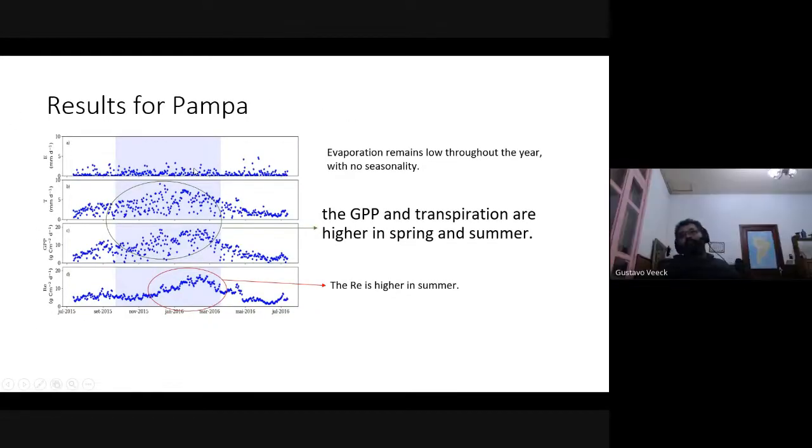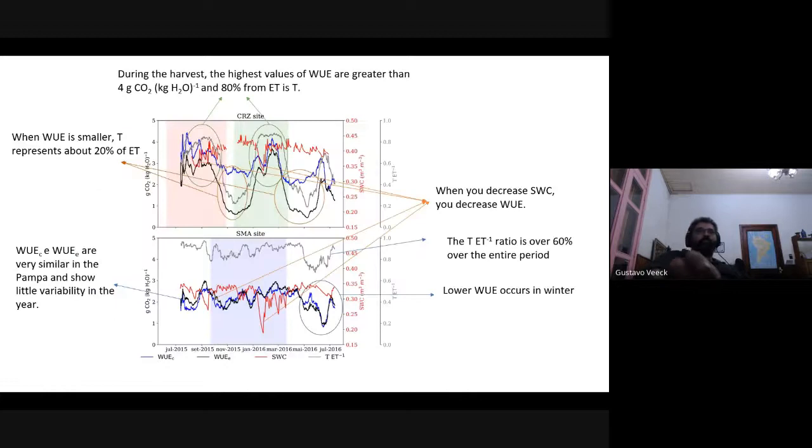In the Pampa results, the evaporation remains low throughout the year, with seasonality. The GPP and the transpiration are higher in spring and summer, and the respiration is higher in summer.